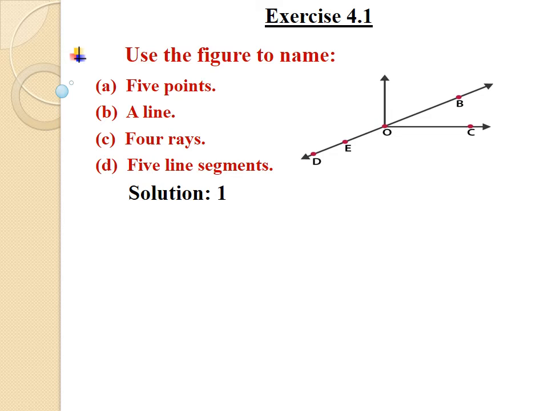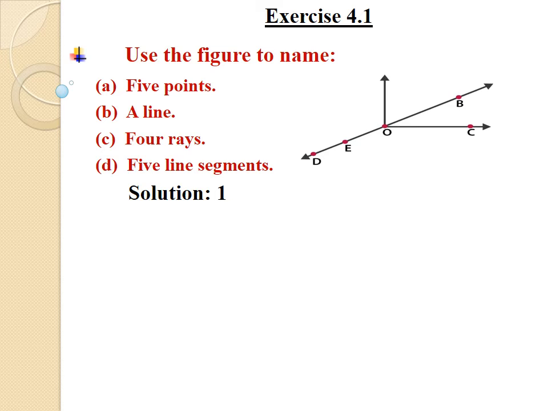And in order to name them, you have to observe the given figure very carefully and write 5 points, 1 line, 4 rays, and 5 line segments. So, let us observe the figure very carefully and write the answers.